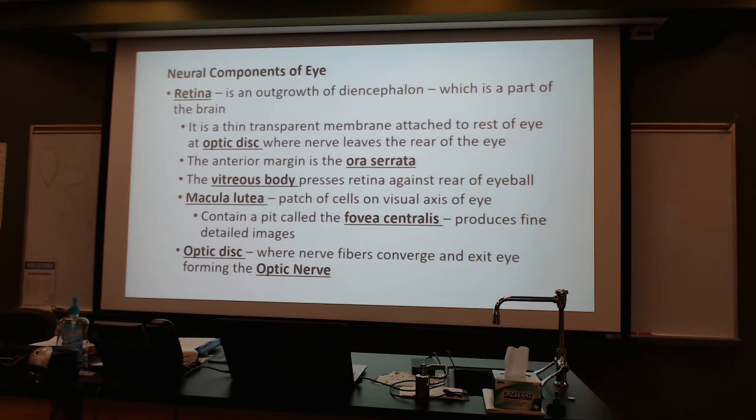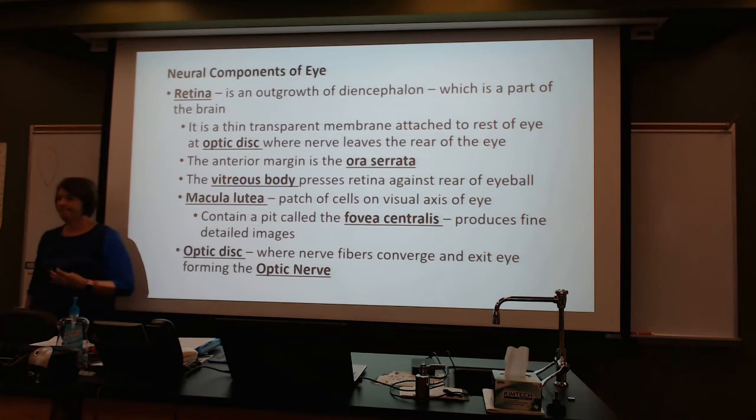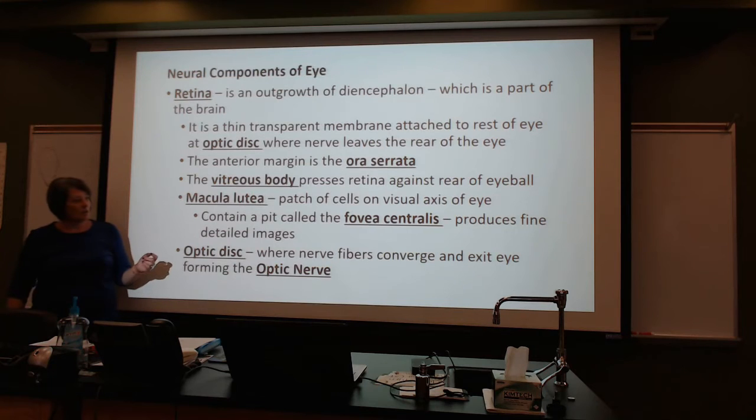In the back of the eye, near where that optic nerve exits, look at the term I have right here. We had it earlier, macula. That means a patch of cells. All right? This time, for the eye, they're termed the macula lutea.